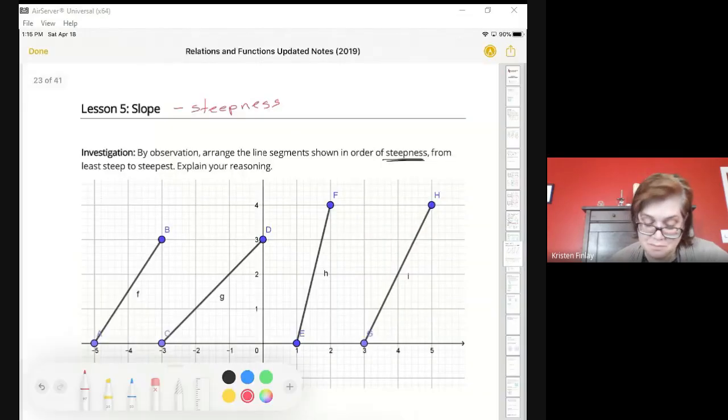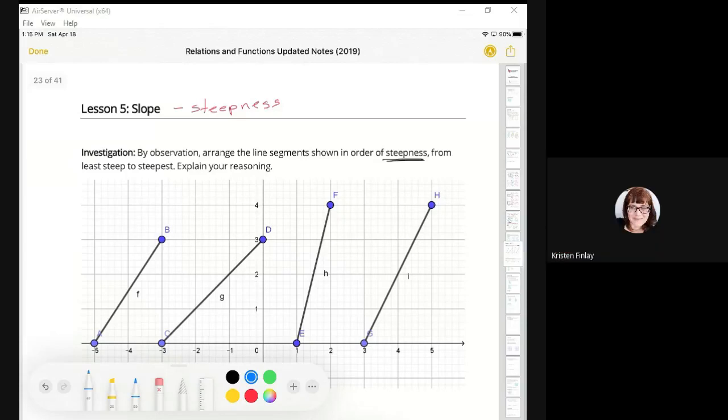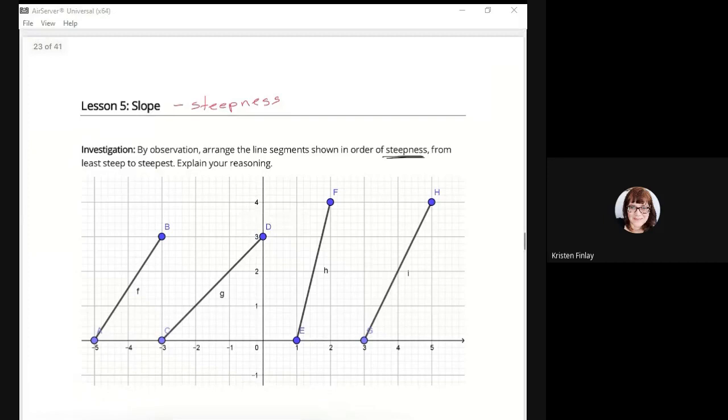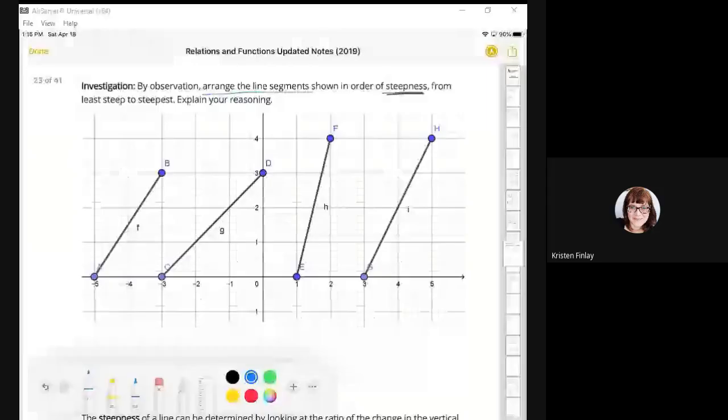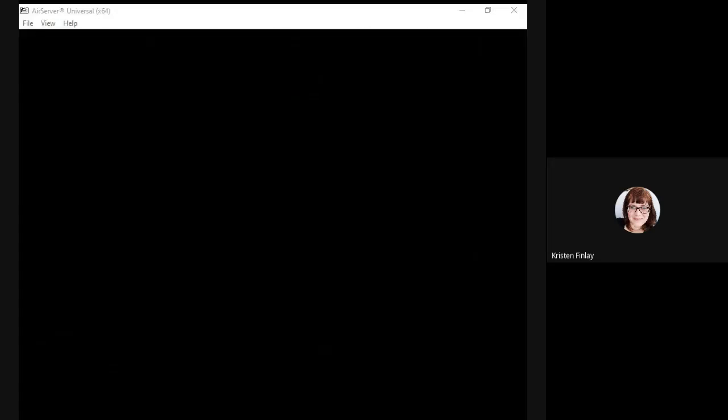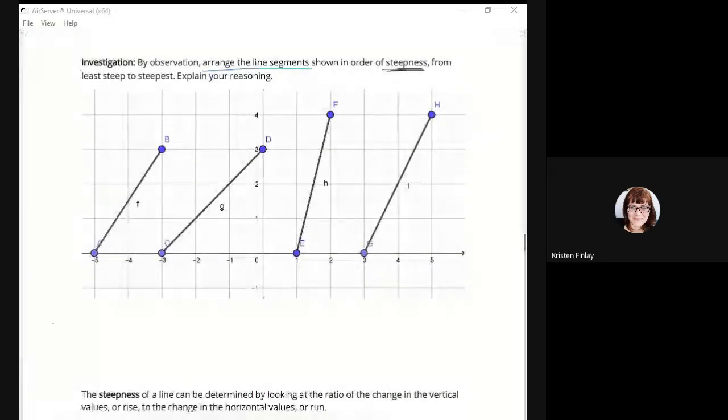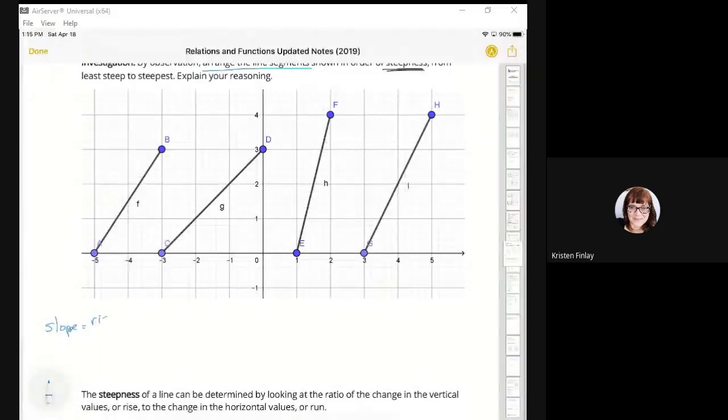So looking at this, we want to look at these 4 lines, and we want to talk about their steepness. So we want to arrange the line segments shown in order of steepness from least steep to the steepest. When we're calculating slope, we often talk about slope as being the rise, so how much it goes up over the run.